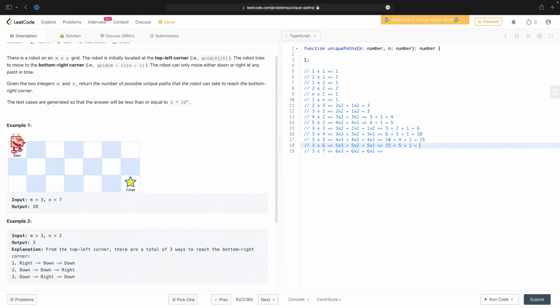Plus 1 is equal to 21. 6 by 3 is a 21 plus a 6 by 2. 6 by 2 is a 5 by 2 plus a 5 by 1, which is a 5 plus 1 is equal to 6. 6 plus 1 is equal to 28, which is what we're after. Excellent.